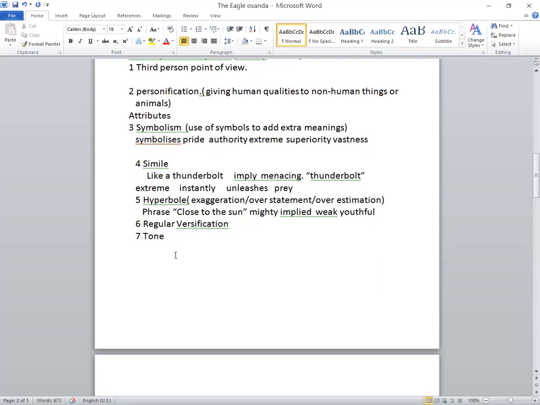What is that feeling? Admirable. Tennyson respects the eagle. What is that feeling? Respectful. Tennyson is afraid of the eagle's power, danger. What is that feeling? Fear. That is Tennyson's tone here.